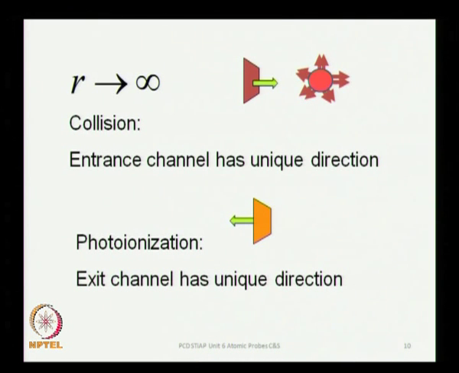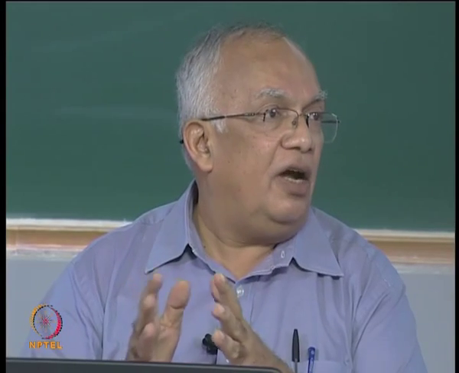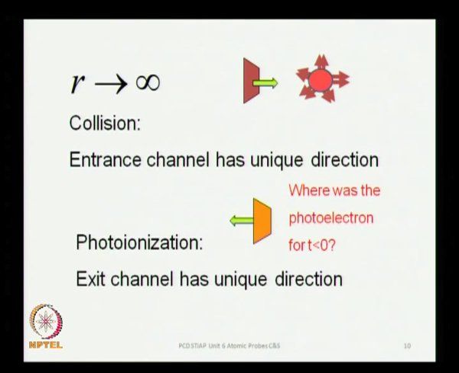So the boundary conditions for collisions and photoionization are different, and we are going to discuss the boundary conditions for these two processes. One is called the outgoing wave boundary conditions, the other is called the ingoing wave boundary conditions. So we will study that. The question is, where was the photoelectron at t less than 0?